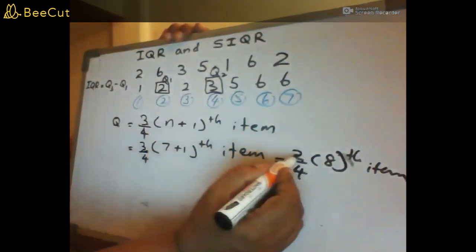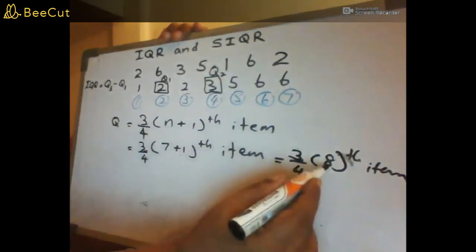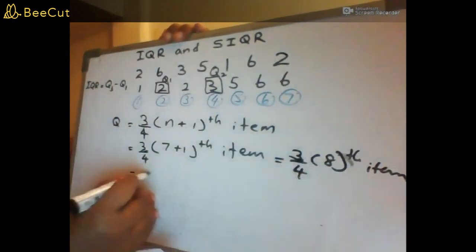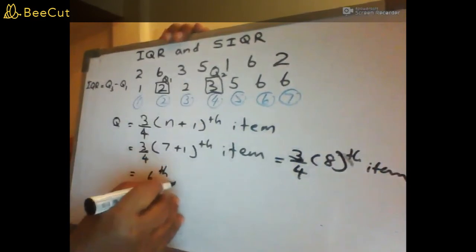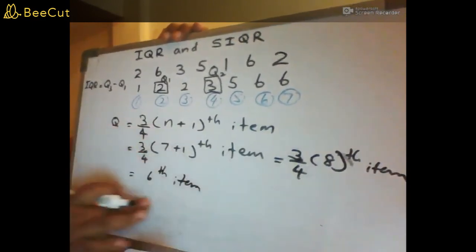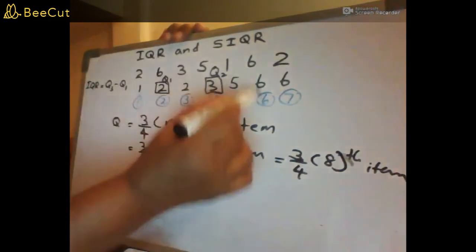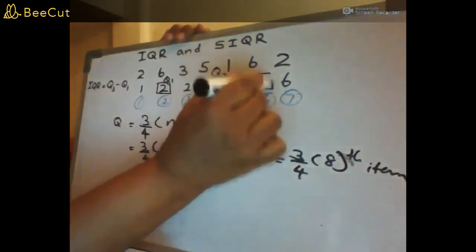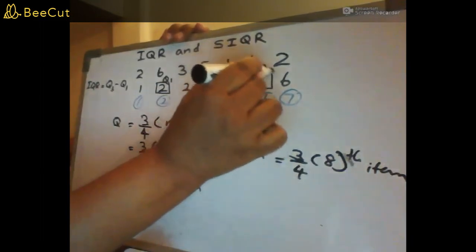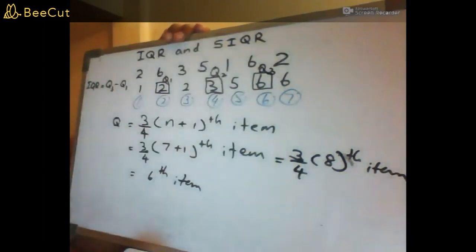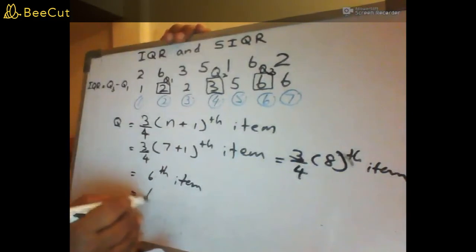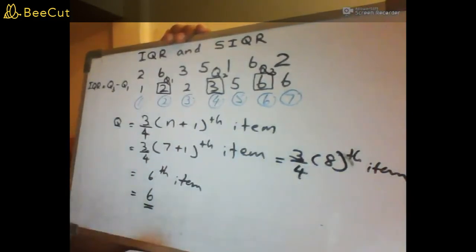Then it is 2 here, then the answer is the 6th item. What's the 6th item then? Number 6. That is our Q3. So the answer is the mark 6.